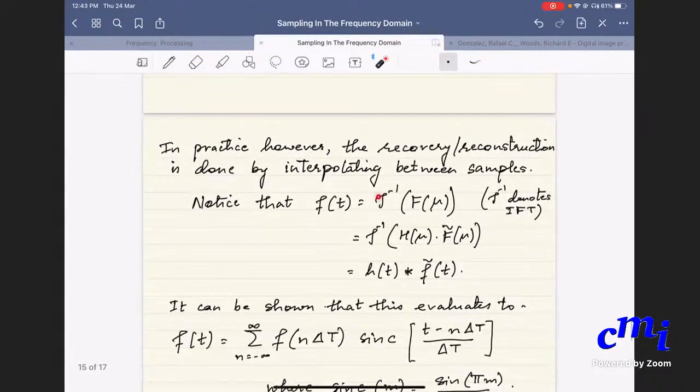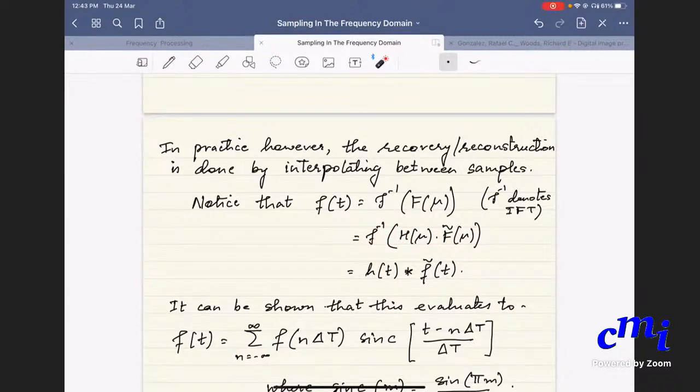notice that this inverse that I have written, or maybe I should write F inverse, because what I want to say is F inverse denotes the inverse Fourier transform. In practice, notice that small f of t is the inverse Fourier transform of capital F. Capital F was H multiplied by F tilde.